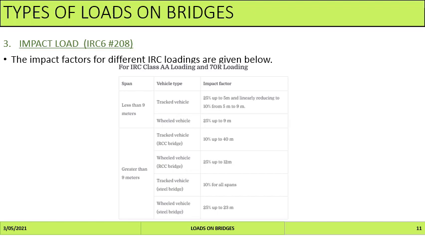For span less than 9 meter track to wheel, impact factor is taken as 25% up to 5 meter and 10% from 5 meter to 9 meter, and it is also given for wheeled vehicle, tracked vehicle, and for spans greater than 9 meters. This impact factor is used in the design for impact load. This is based on IRC recommendation.